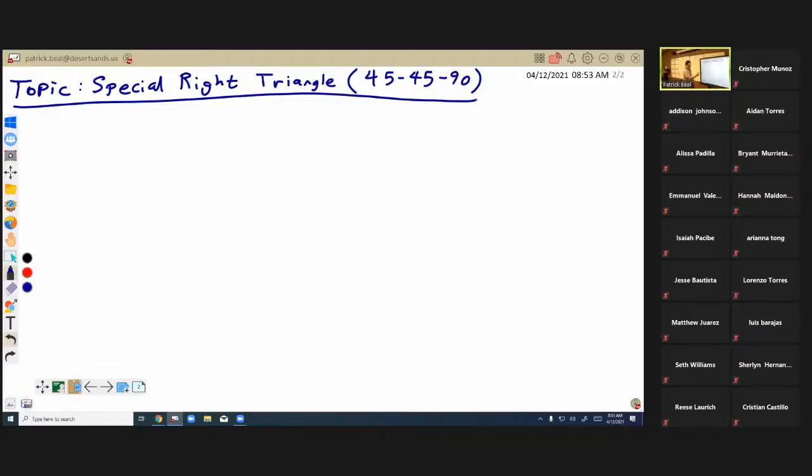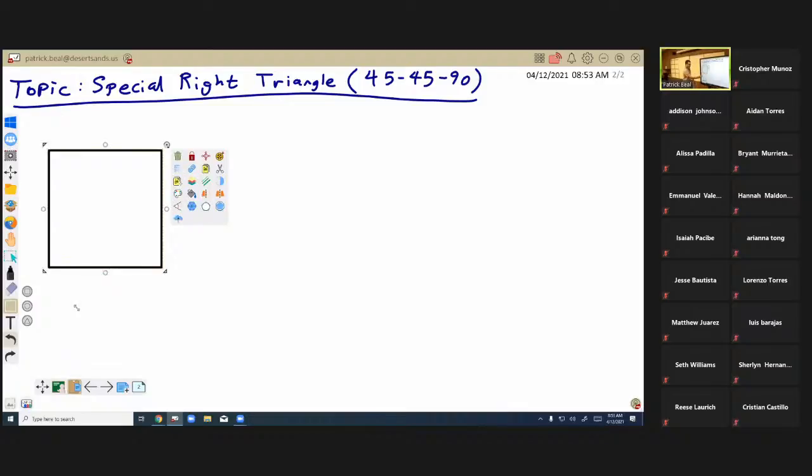Now, for this one here, we're going to start with a square. Actually, let's do a rectangle. I want an exact square. Let's see if I can get it to be. Too big, too small. There we go. So let's say we start with a square.